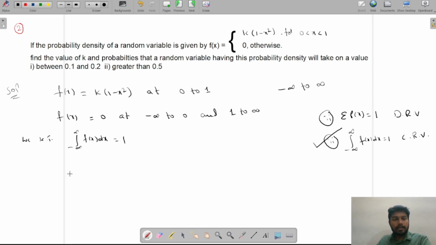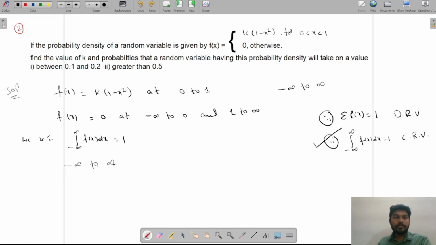Now if you observe this formula, the limits are minus infinity to plus infinity, right? So my question is, at these limits, has he given the value of f of x? No, right? He has given it, but he split it and given f of x. So how I'm writing, let's see.